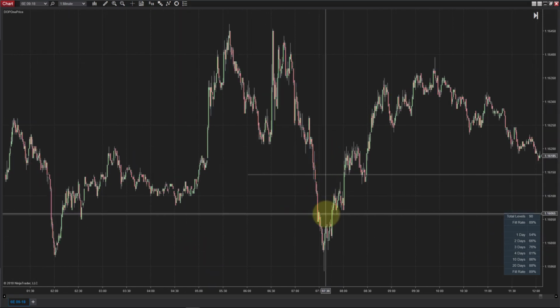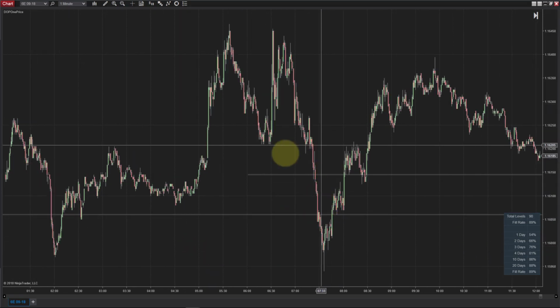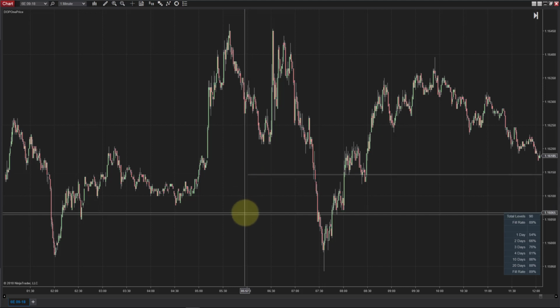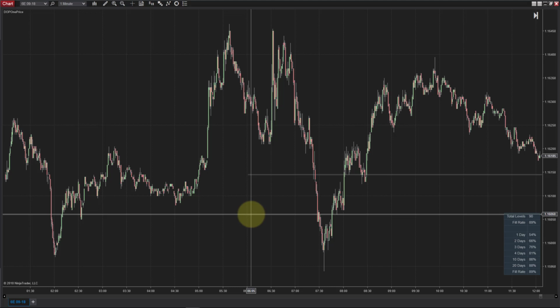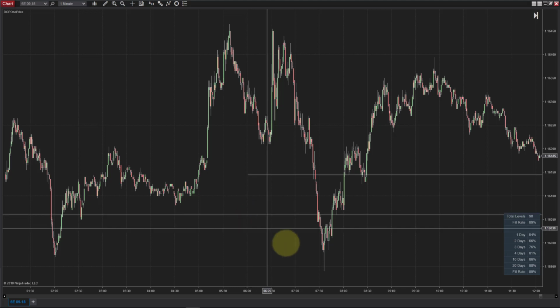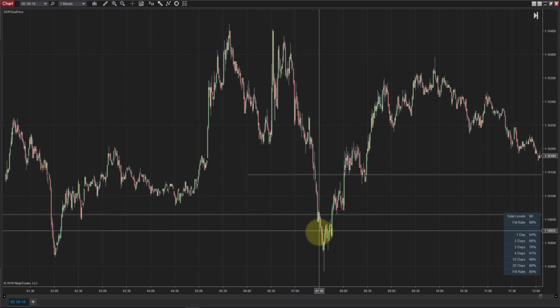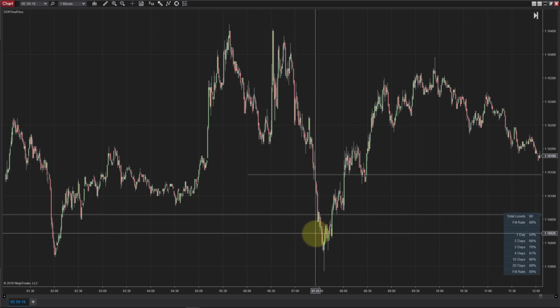Now, here is the RTH, the regular trading hours. So here's our new one. Here's our old one. This line, can it be used again? Yes and no. Look, here's the thing. Price is only going to hit a level so many times before it is done with that price. So you have to be very cautious when you're using older prices.